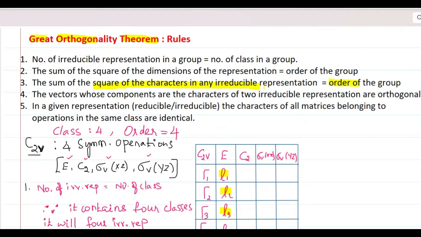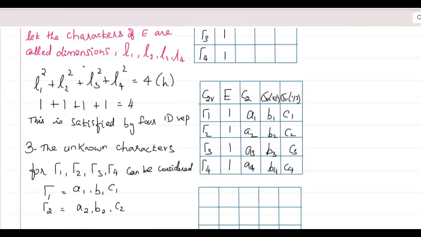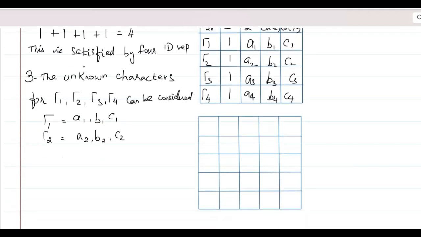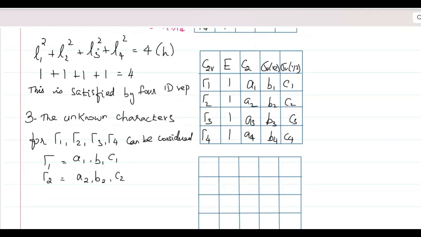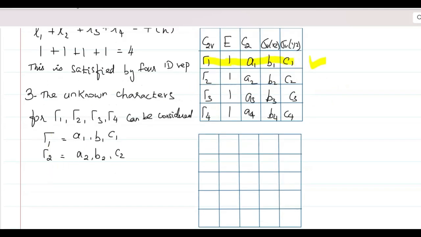Let us consider any irreducible representation. In this case, let us take up the first irreducible representation. The sum of the squares of the characters should be equivalent to the order.